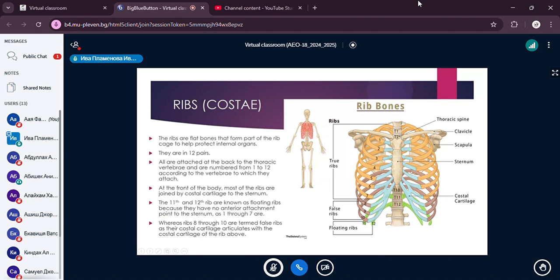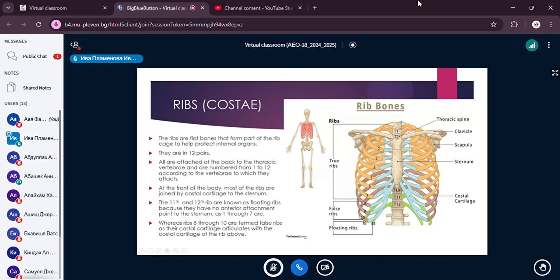Of course, at the front of the body, most of them are joined by a cartilage to the sternum. First rib to the manubrium, second rib to the manubrium and the body, from third to sixth to the body, and seventh is also half part of it is attached to the body, the other half part is attached to the xiphoid process.